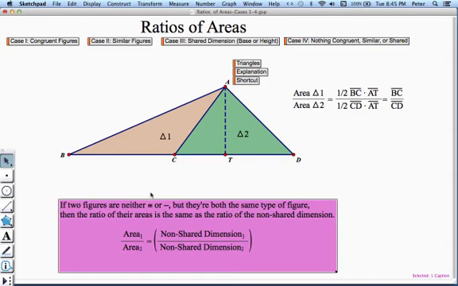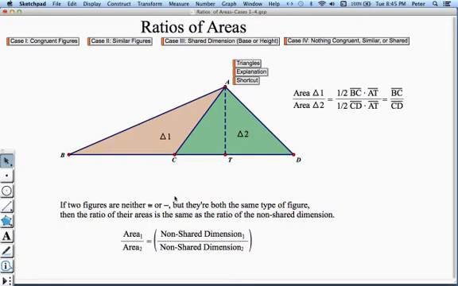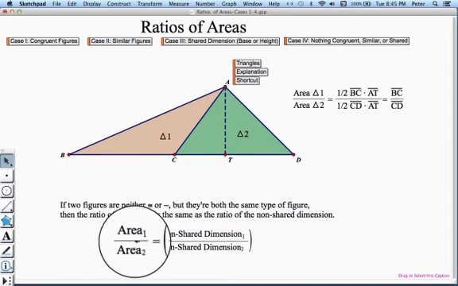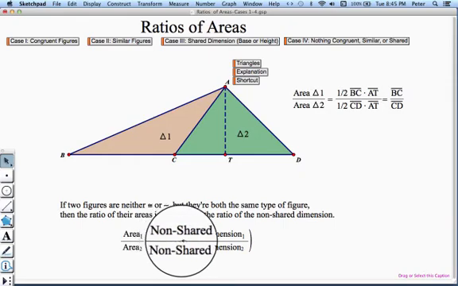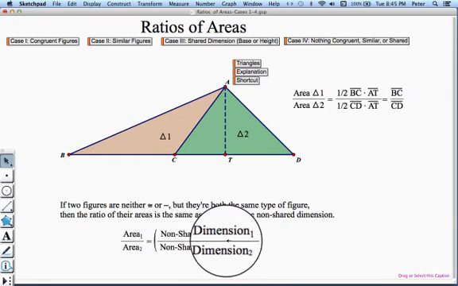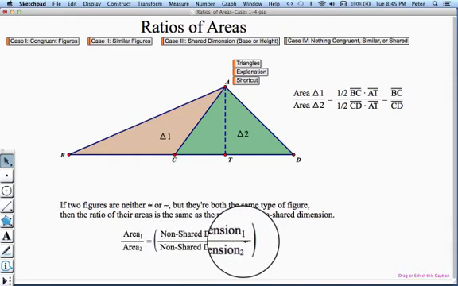If two figures are neither congruent, which is case 1, nor similar, which is case 2, but they are both the same type of figure, then the ratio of their areas is the same as the ratio of the non-shared dimension. In other words, area 1 to area 2 will be the same as the ratio of non-shared dimension 1 over non-shared dimension 2.